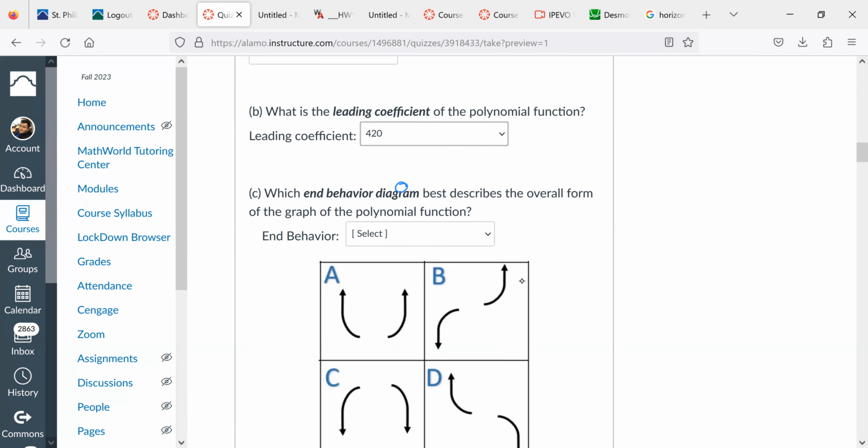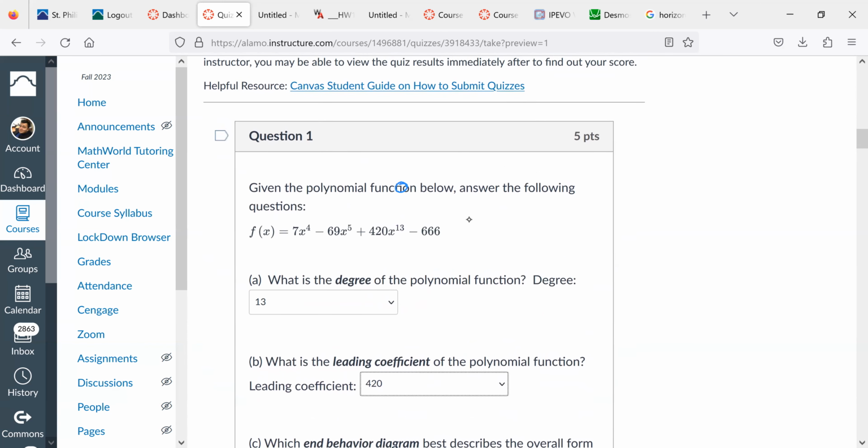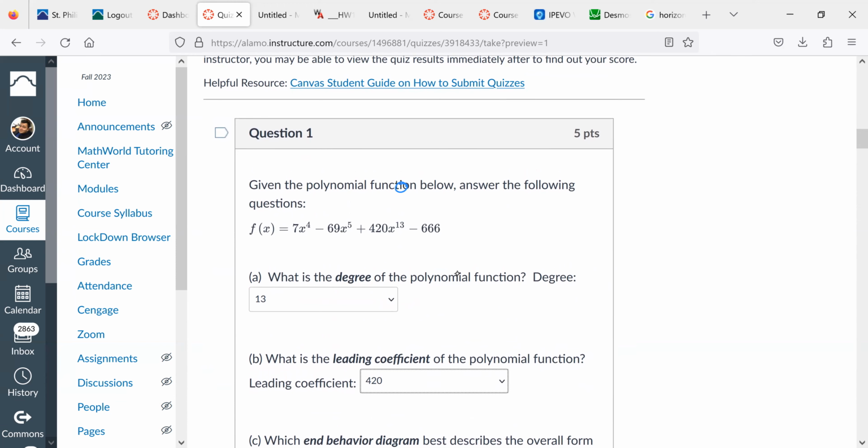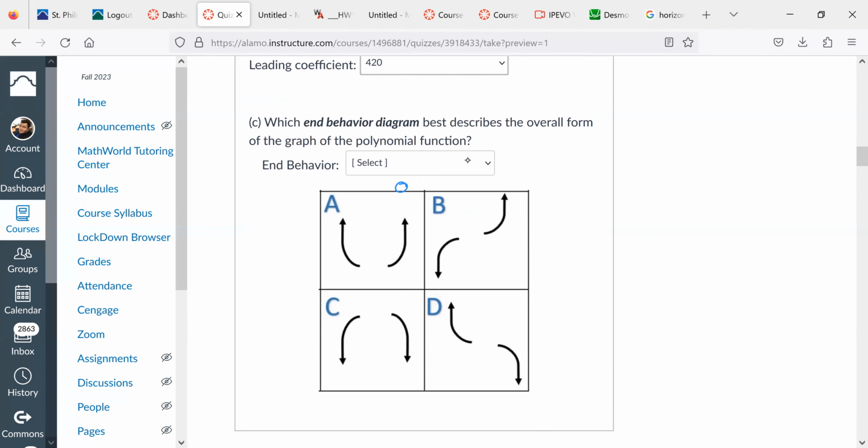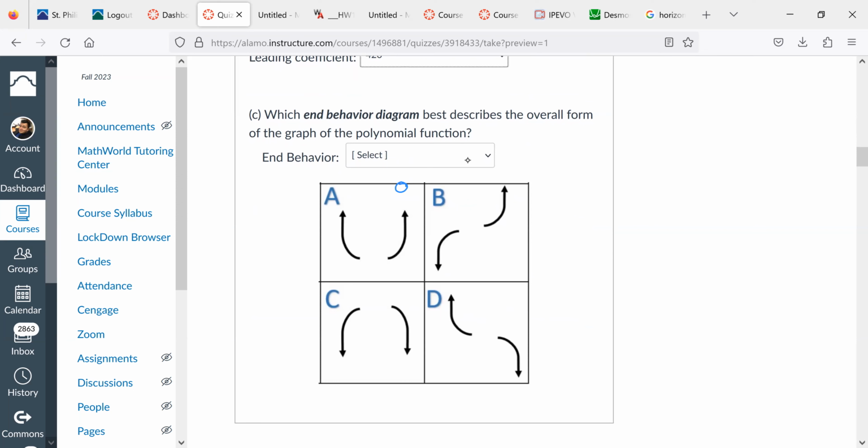I'm lying. The highest power is 13, so it's going to be B or D. But since it's positive 420, which one? Yeah, it looks like B.